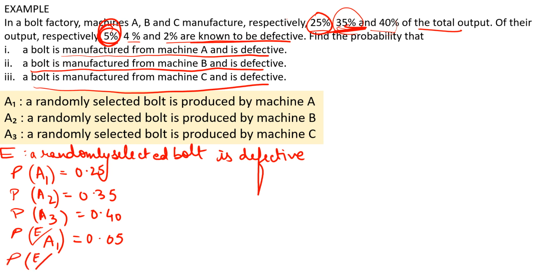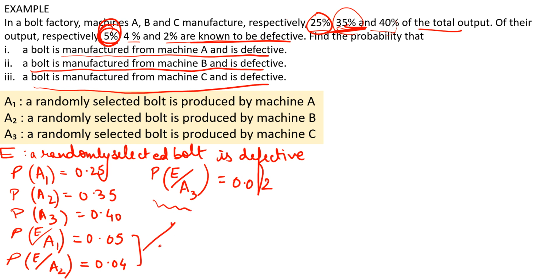What is the probability that the bolt is defective given that it is produced by machine B? This is simply 0.04. And last, what is the probability that the bolt is defective given that it is produced by machine C? This is simply 0.02. So we already have these probabilities. Now what are these? These three probabilities are conditional probabilities. We already know that. We have also done this before.